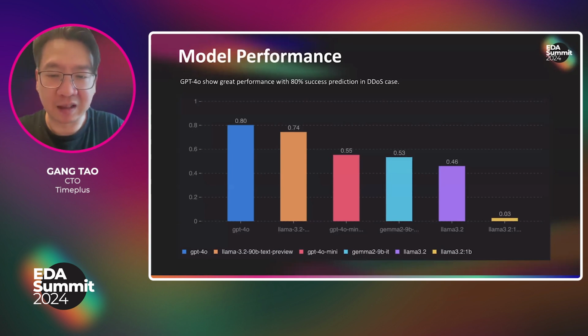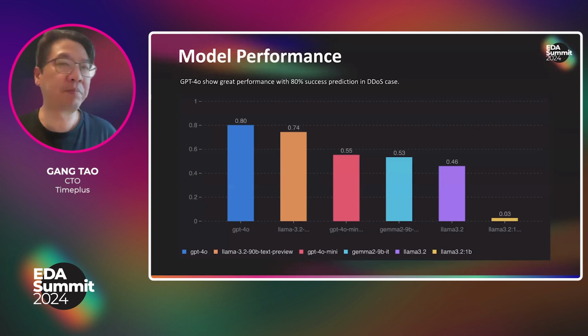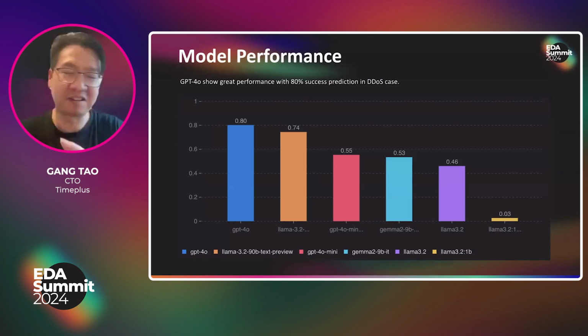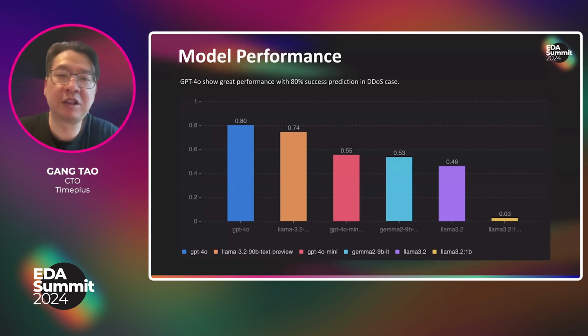But some other local models can do the job, but not very well, because this is a binary classification. If your precision has to be higher than 50%, that means the model knows something, right? GPT-4o is very good, considering in this case we didn't train any data.